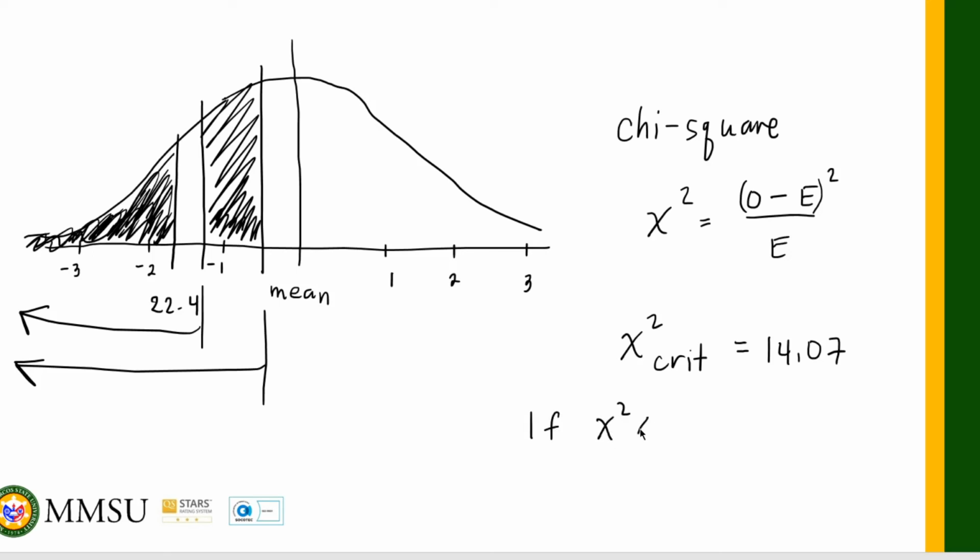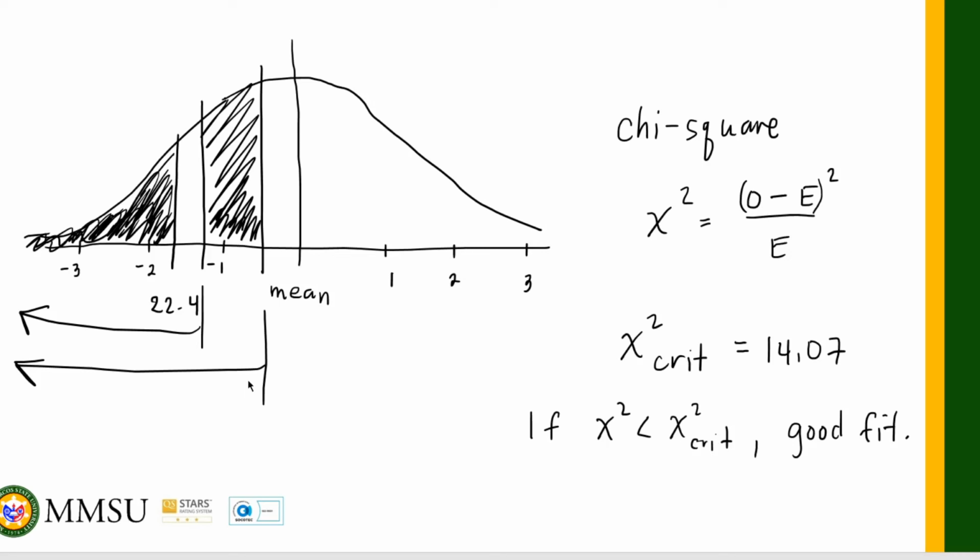If the chi-square is less than the critical chi-square, then this is a good fit. Good fit kapag mas maliit itong chi-square na na-compute natin kaysa sa critical.